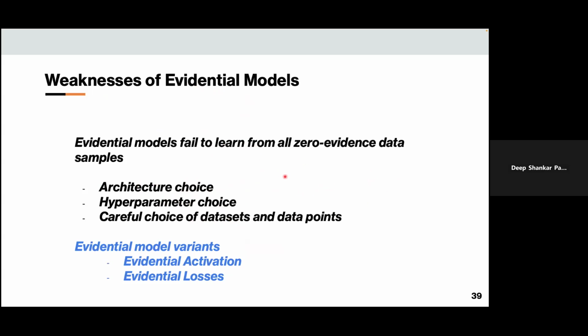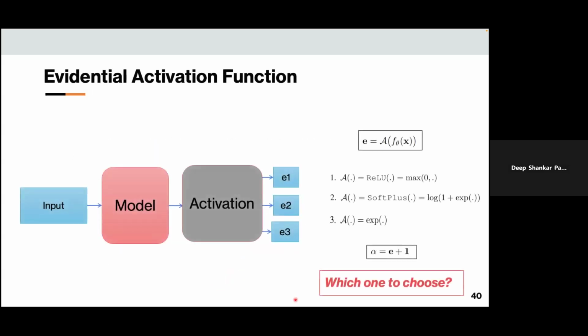In the evidential setting, we have the evidential activation and the evidential losses. So next, we try to understand the impact of these activation and the losses on the learning of the evidential model. First, let us look at the evidential activation function. In the literature, mainly three choices of evidential activation functions have been explored.